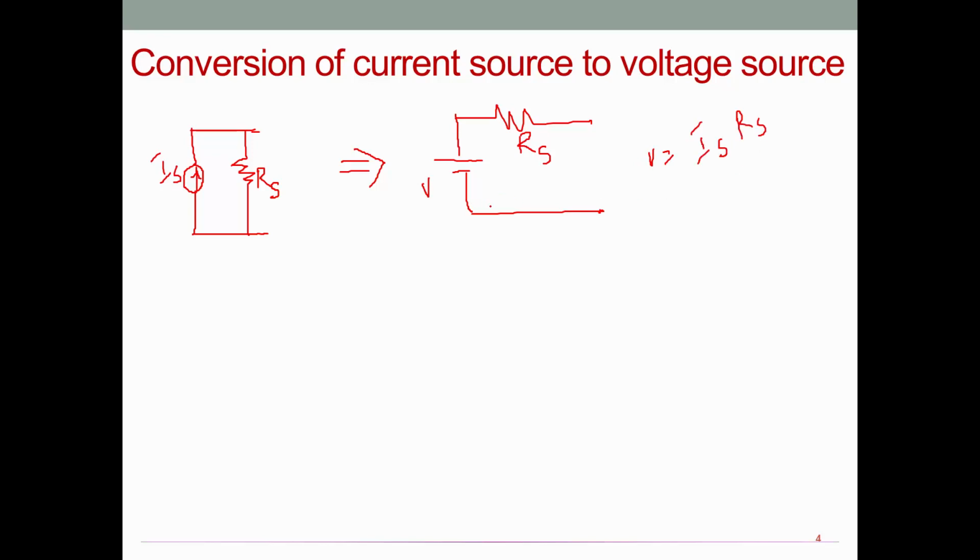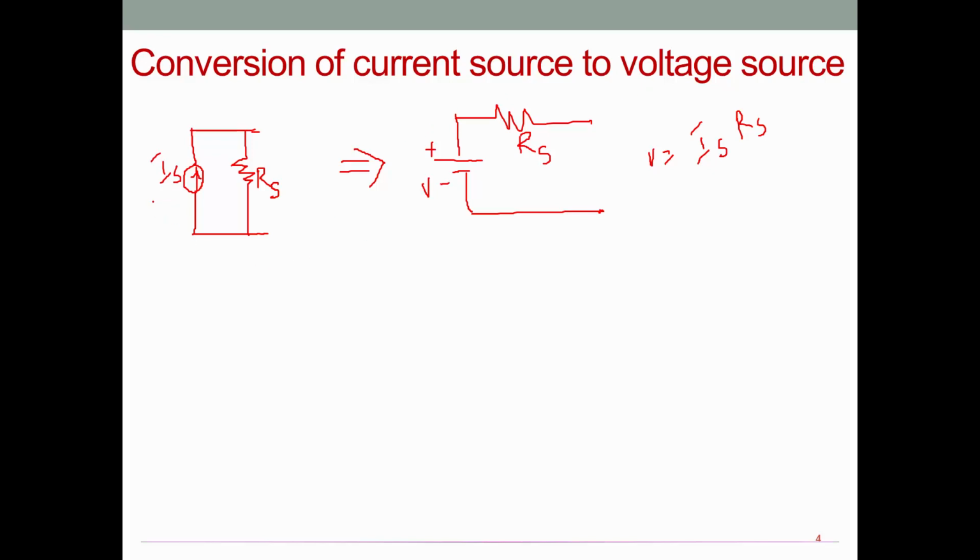And the most important thing is, where should I place positive polarity and negative polarity? According to this configuration, in the arrow mark direction you must have positive polarity and at the bottom side you must have negative polarity. This is how to convert a current source to a voltage source.